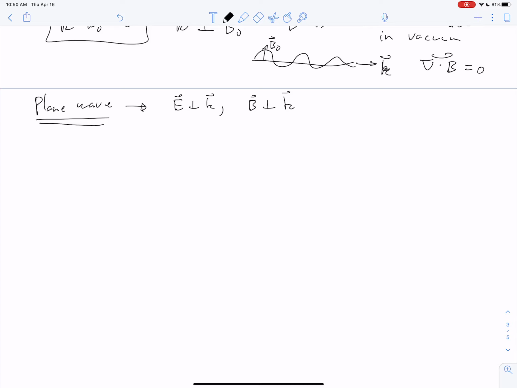But now we can ask, what about the relationship between E and B? Is there a relationship between them? What are the relative directions between E and B? What is the relative orientation?